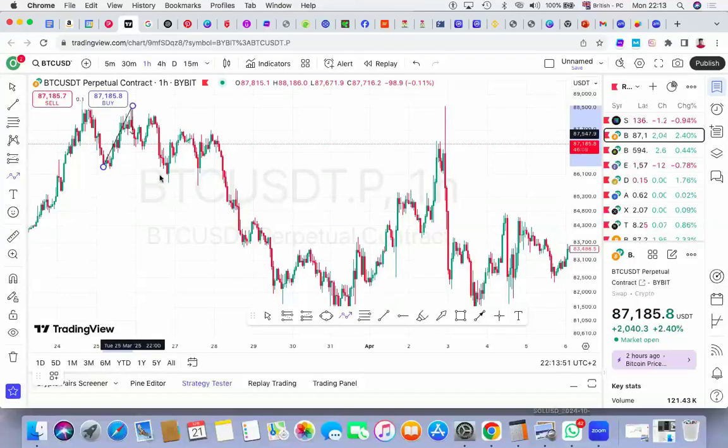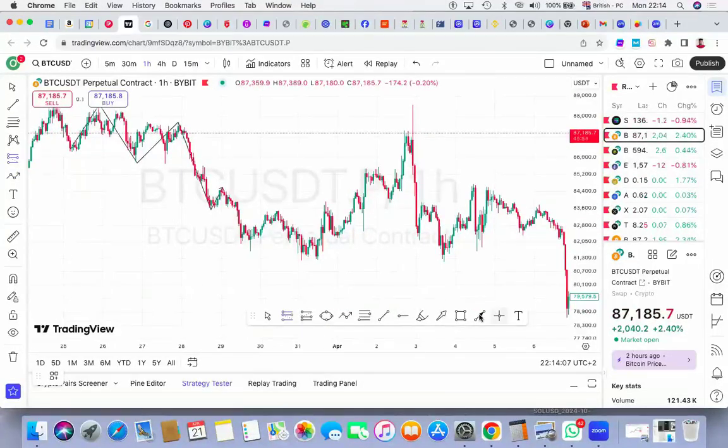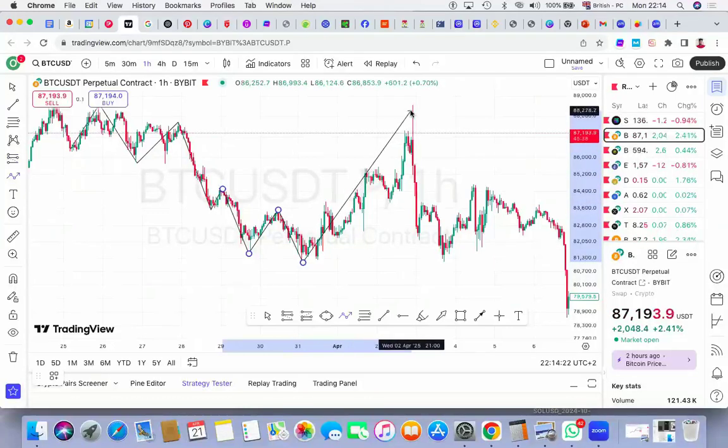So you can see from here all the way here, there was this, and there was this pullback, and there was this. So obviously, the market from here again, it broke back and it's going to be rallying back upward.